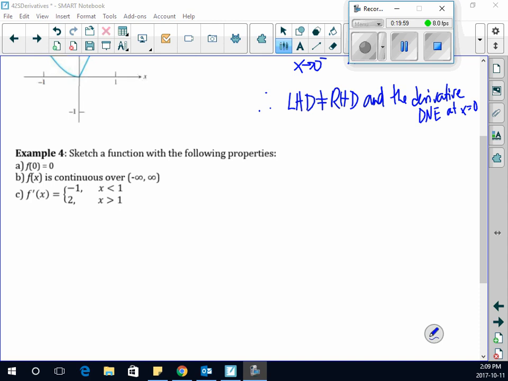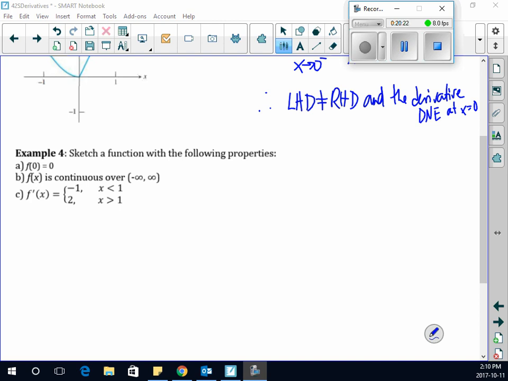So notice it doesn't have a derivative when x is 1, but it does say it's continuous over the reals. So does that mean I have to have an open circle or a closed circle at 1? Half colored, half not.